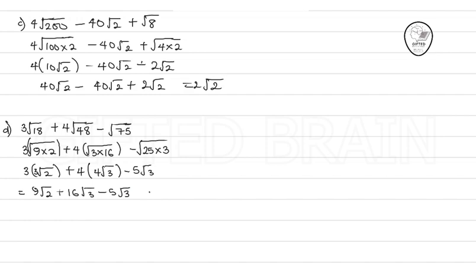And so eventually our final answer will be 9 root 2 plus 11 root 3, because they are not all similar surds, and 16 root 3 minus 5 root 3 will give us 11 root 3. So that's that about that. Now you can try the following exercises on your own.